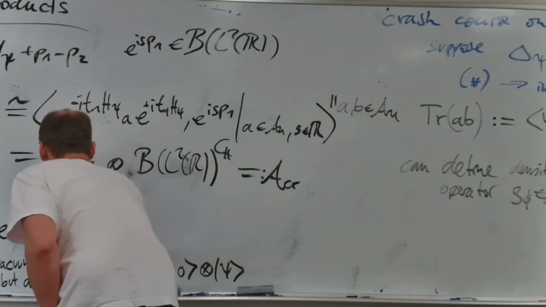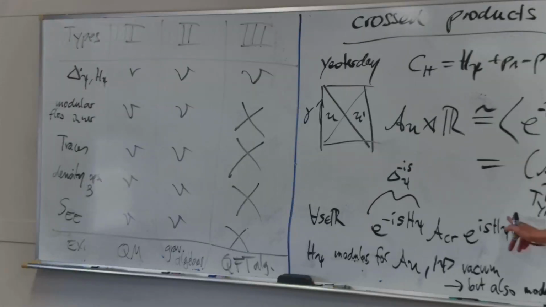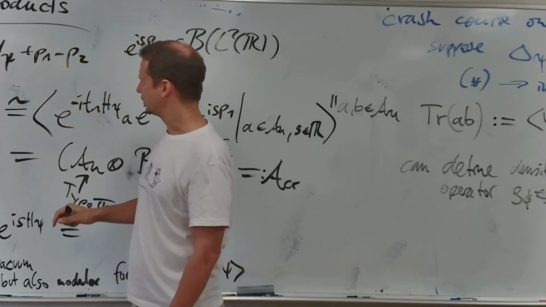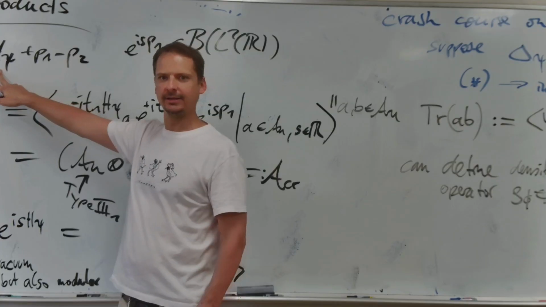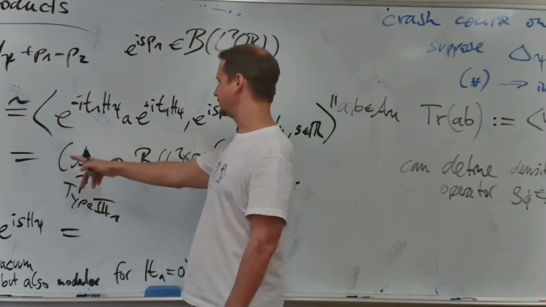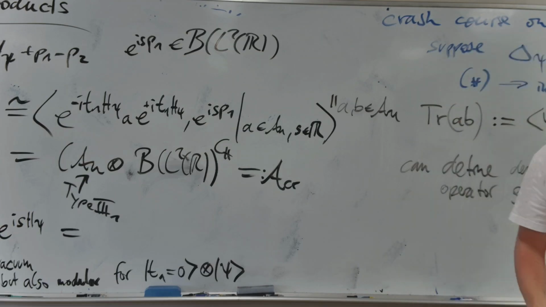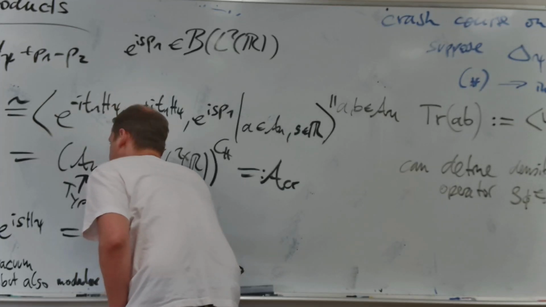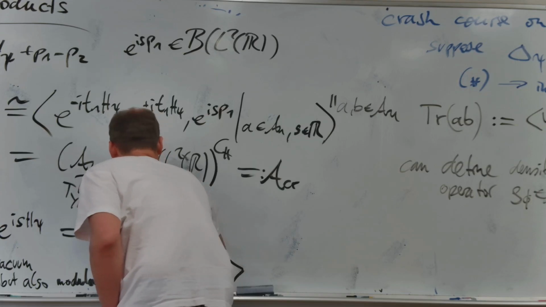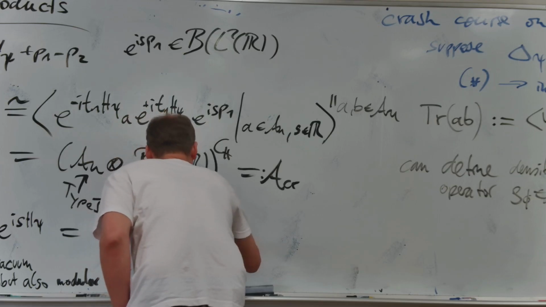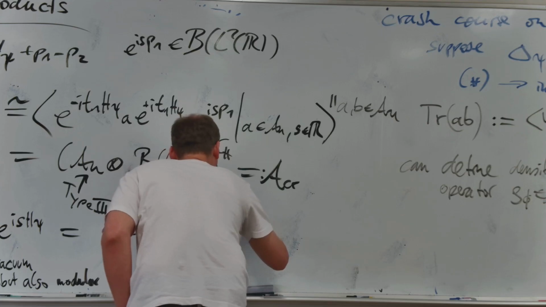And now we will use that this is gauge invariant by construction. So conjugation by H psi is going to be equal to conjugation by minus P1. P2 will drop out because there's no support on the second Hilbert space here. So this will be equal to e to the I S P1, A crossed, e to the minus I S P1.